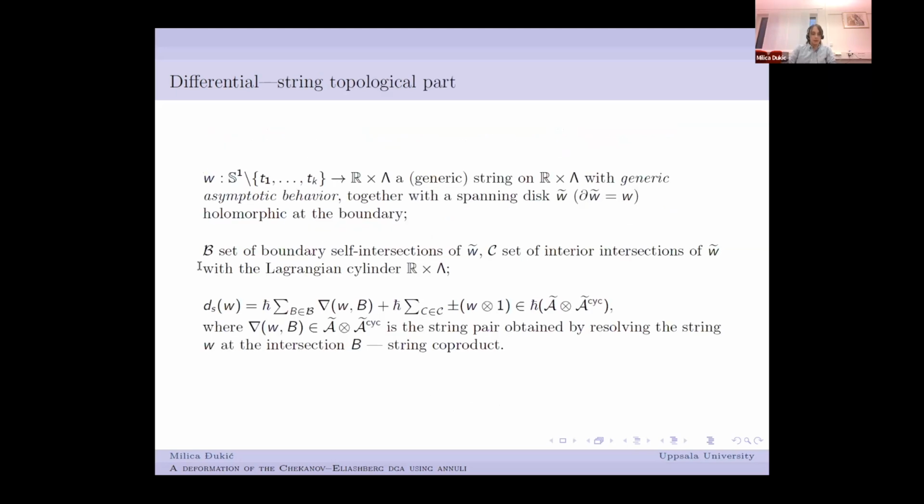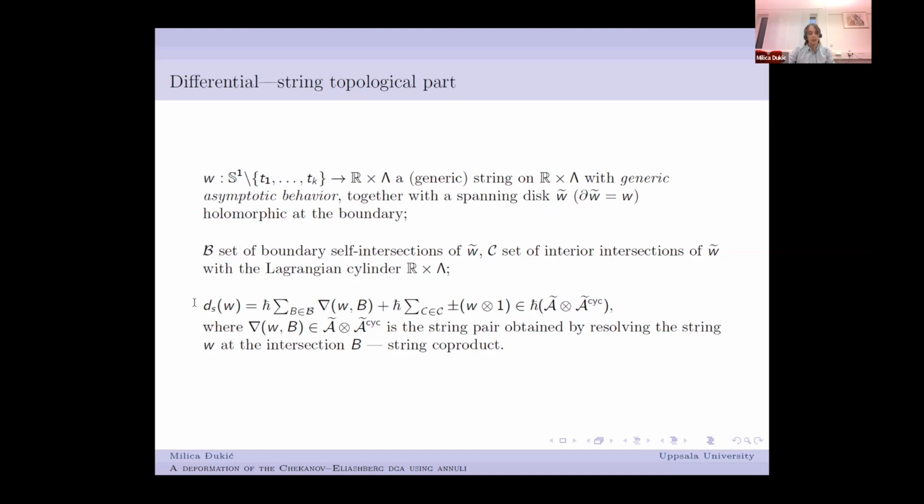And finally, for the third part, the string topological part, we are going to take a generic string representative on our cylinder. An important part here is that we need to take a certain asymptotic behavior of this string, which models generic asymptotic behavior and generic relative asymptotic behavior of pseudoholomorphic curves. And we take a spanning disk for this string which is holomorphic at the boundary.